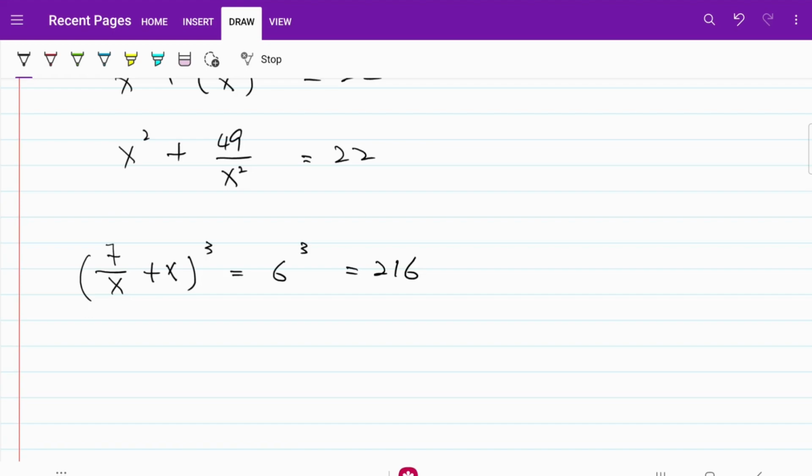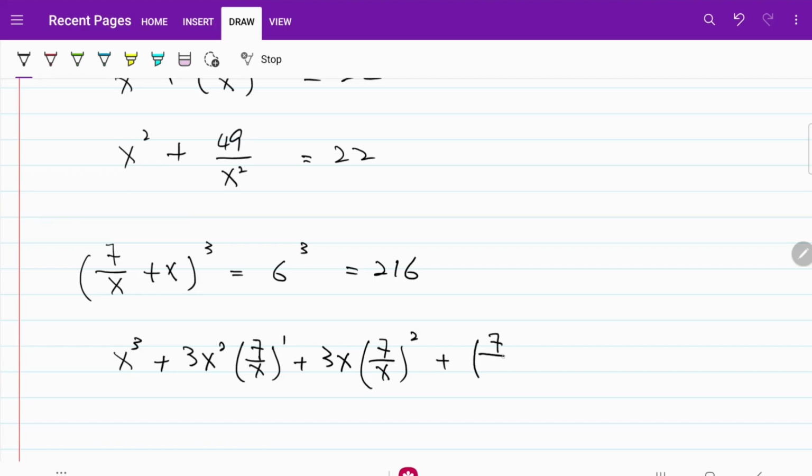So what I'm going to end up with is x cubed plus 3x squared multiplied by 7 over x to the power of 1, plus 3x multiplied by 7 over x squared, plus 7 over x cubed. That's still equal to 216.